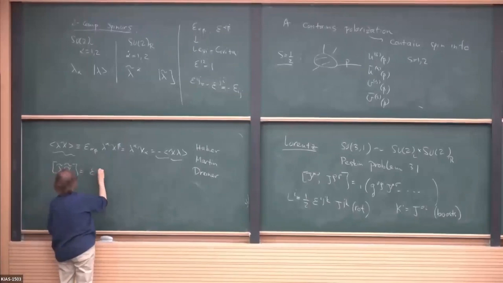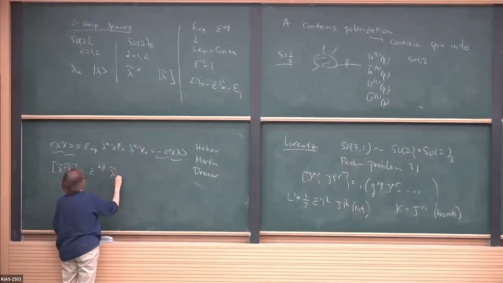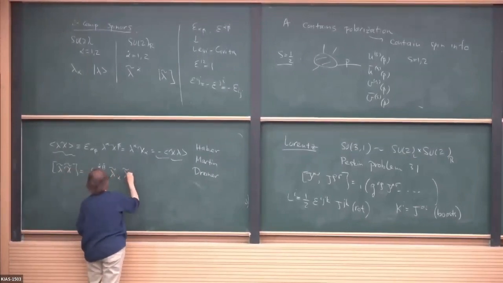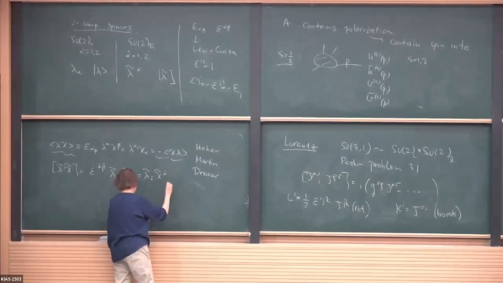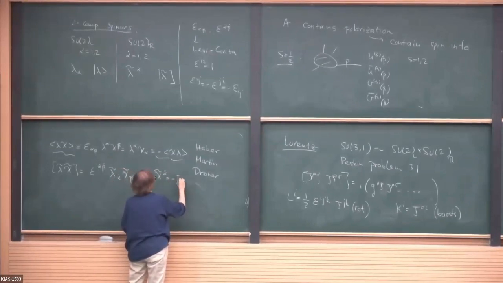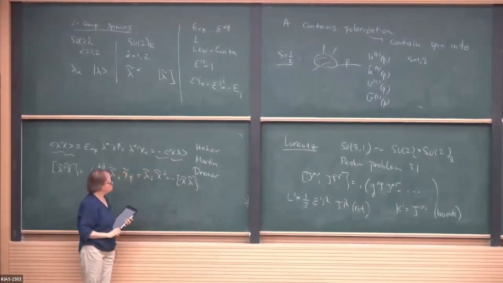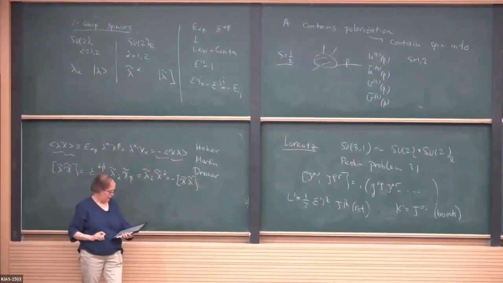These are defined as epsilon alpha dot beta dot lambda tilde alpha dot chi tilde beta dot, which is the same as lambda tilde alpha dot chi tilde alpha dot, and this is minus chi tilde lambda tilde.